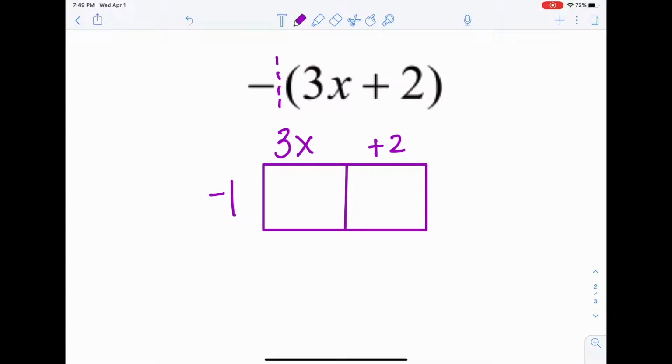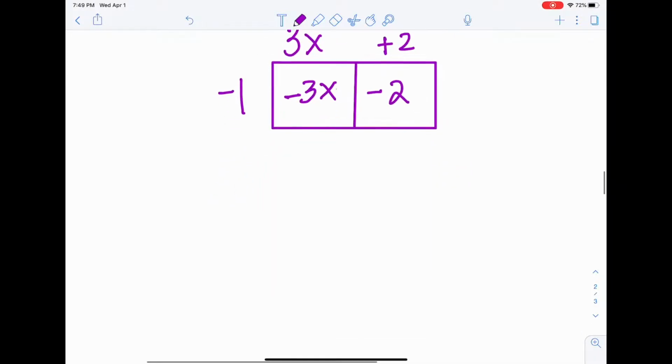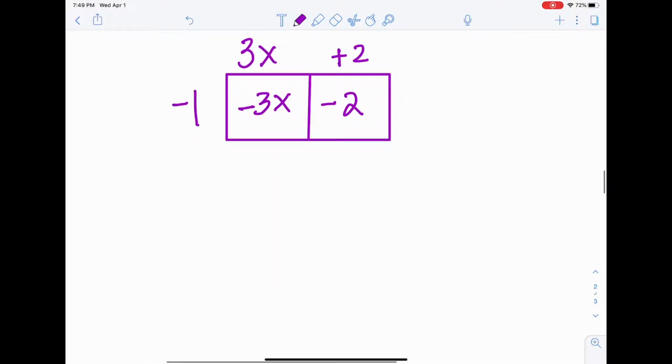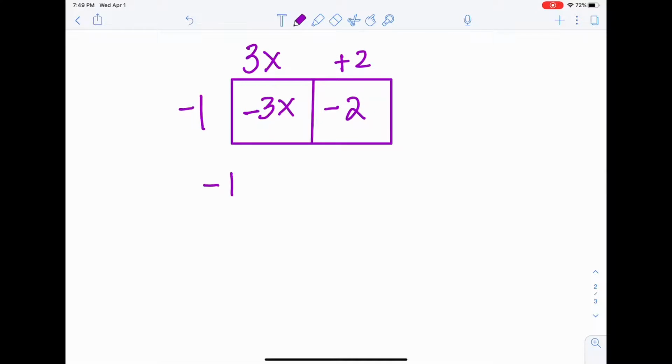So -1 times 3x is -3x. -1 times +2 is -2. So let's go ahead and write down our final answer. -1 times 3x plus 2 equals -3x minus 2.